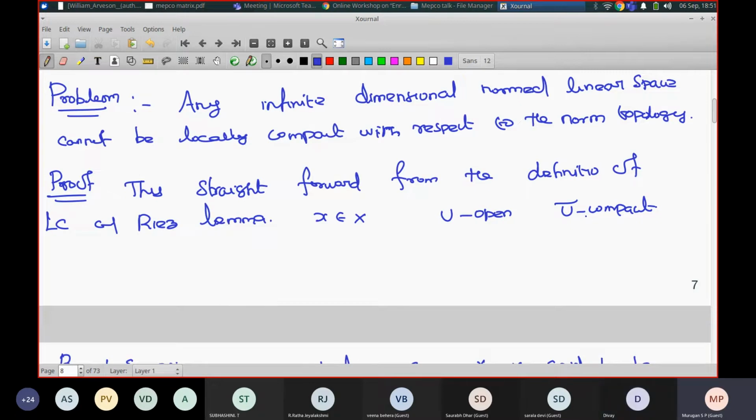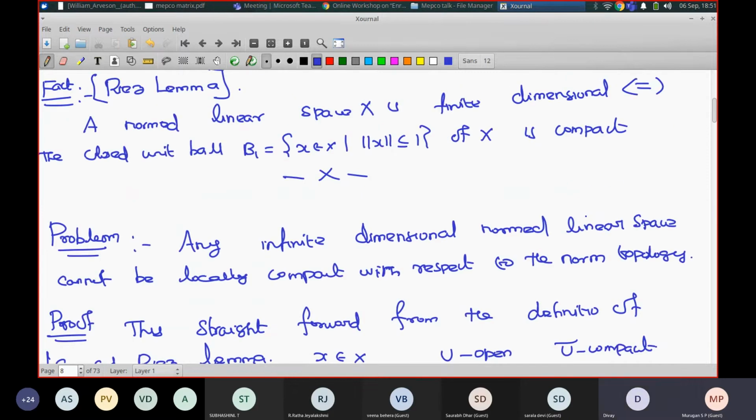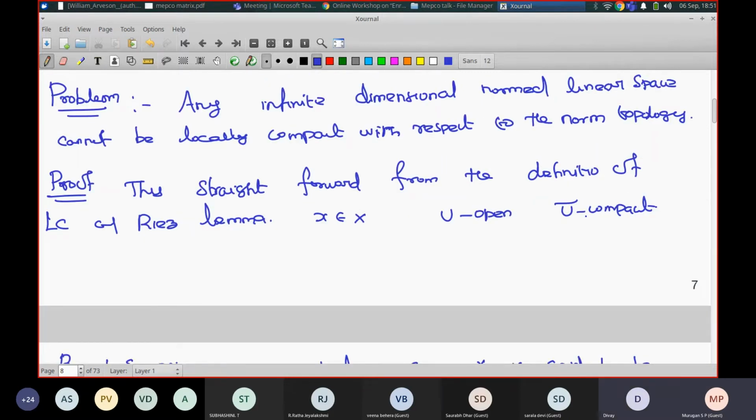You need to show that the closed unit ball is compact, right? Any open cover will have a finite subcover. So U bar will be finite dimensional because it can be written as a finite union of finite dimensional spaces. Okay, but from that, how will you conclude it is finite dimensional?